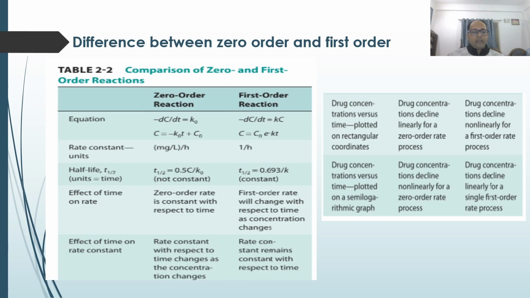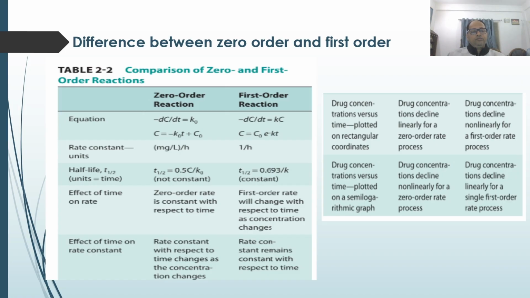Then the effect of time on the rate constant. Both you should see: first one is the effect of time on the rate, and second is the effect of time on the rate constant.